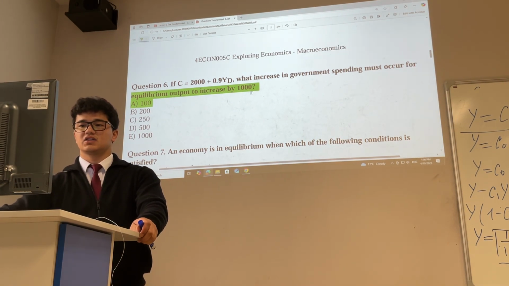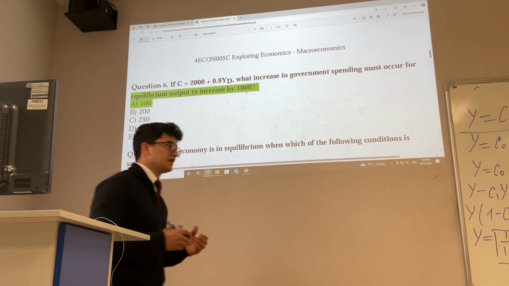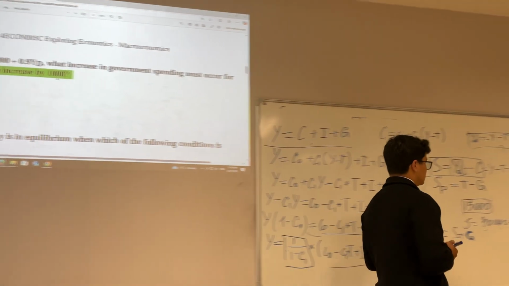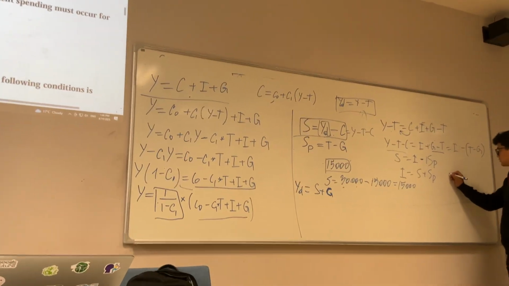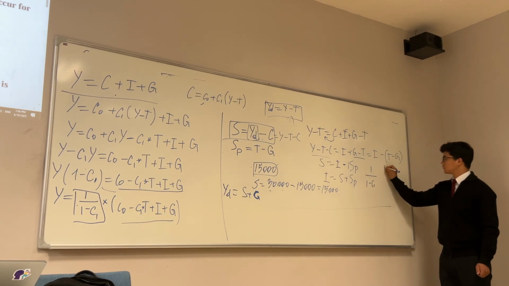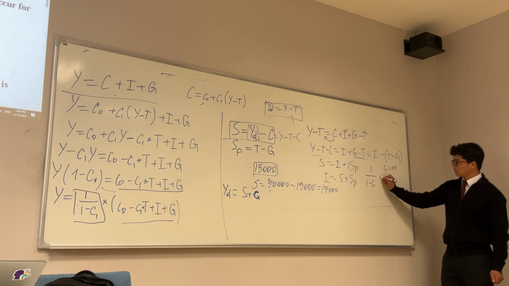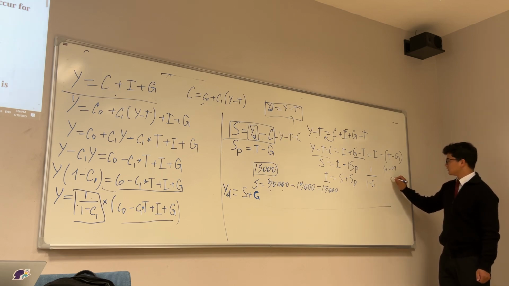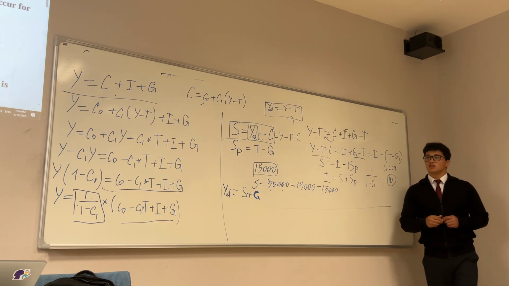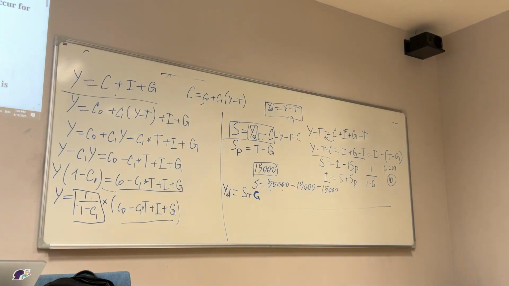Here, the increase is already given, so we need to find how much government spending must occur. We have the propensity to consume, so to find our multiplier, it's 1 over 1 minus C1, and our C1 is equal to 0.9. If we plug this in, our multiplier will be equal to 10, right? The increase should be 1,000. How much do we need to spend? So 1,000 divided by 10, 100.